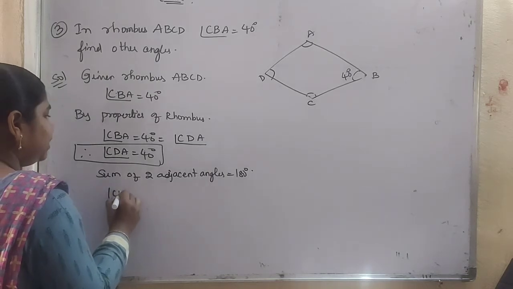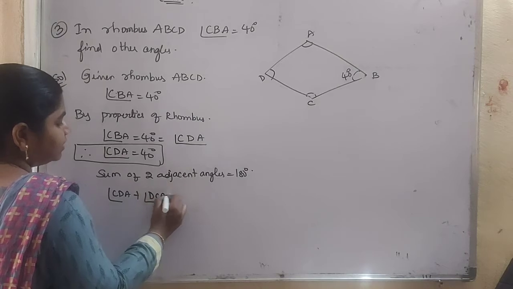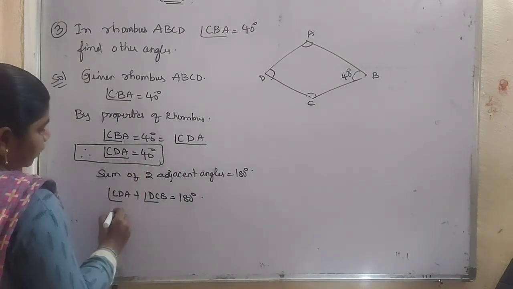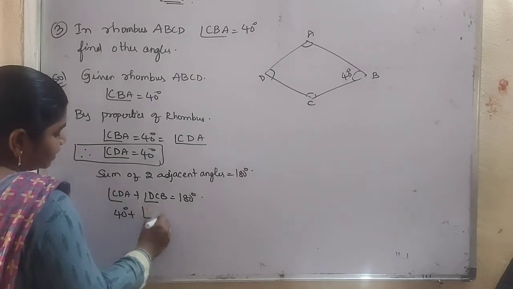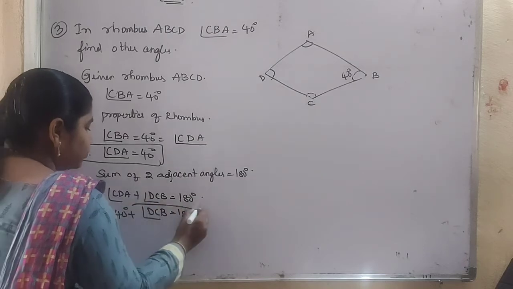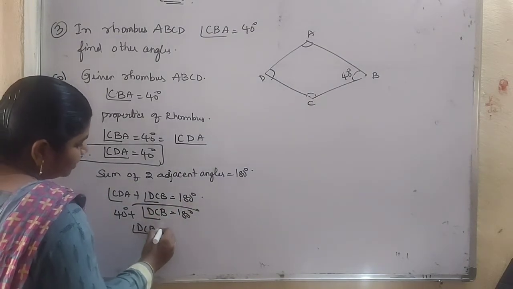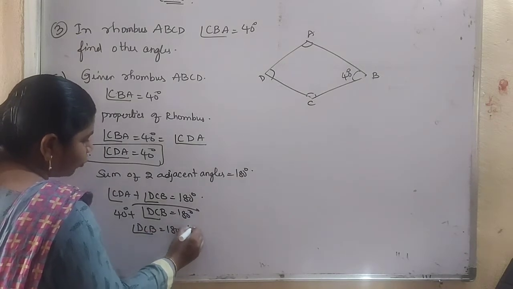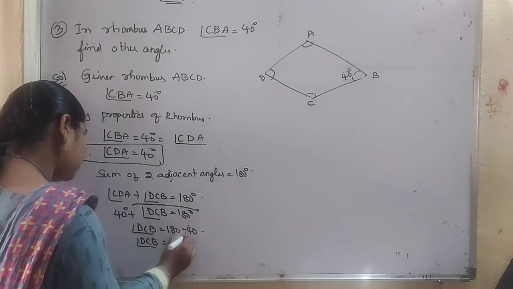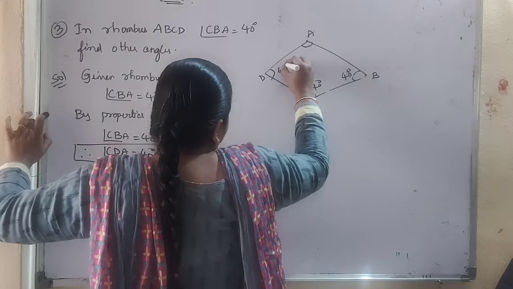Angle CDA plus angle DCB should be equal to 180 degrees. CDA we already got as 40 degrees. Transposing 40 to the other side, it becomes subtraction. DCB is equal to 180 minus 40. So angle DCB is 140 degrees.